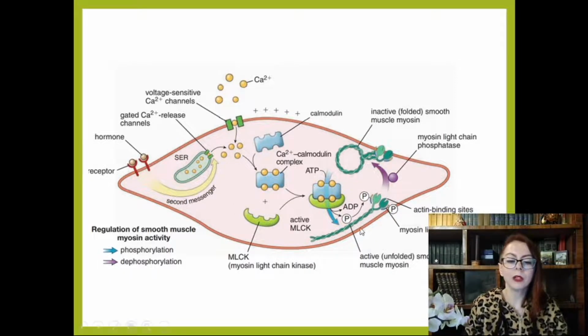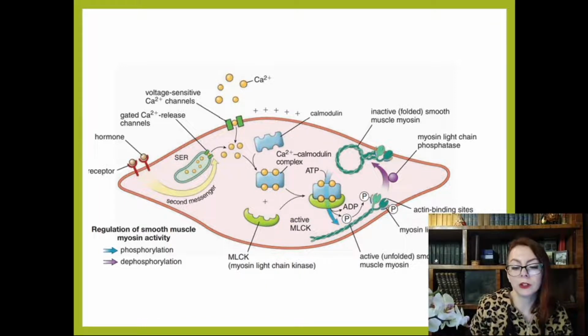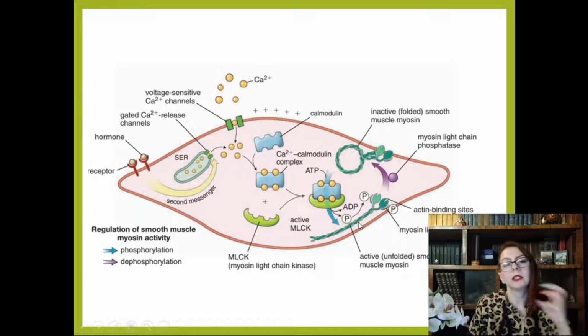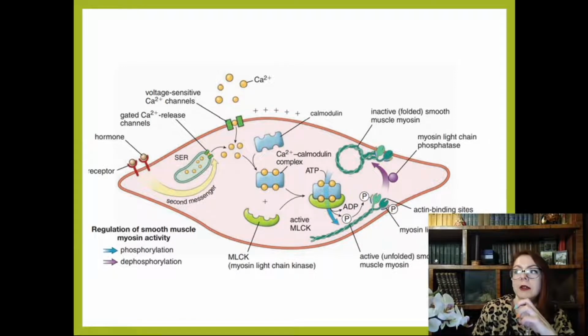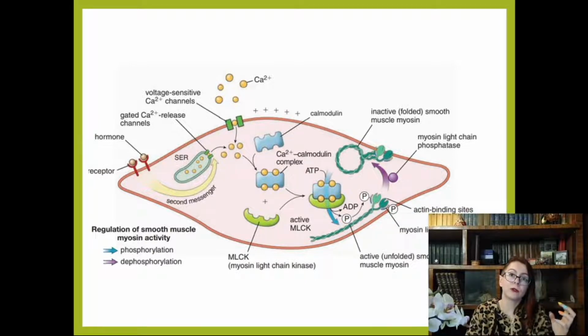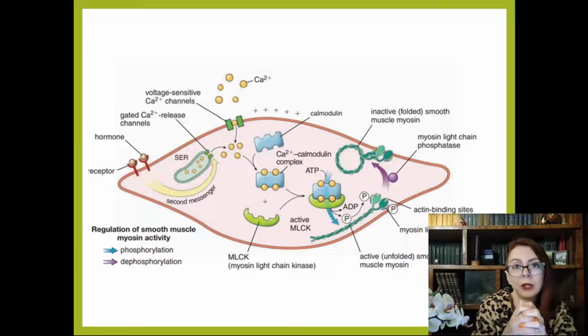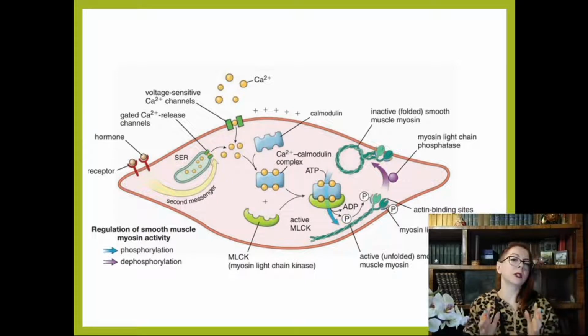Another reason why they contract for a long time is that just after phosphorylation, myosin attaches to the actin, and after this attachment, if it gets dephosphorylated, then it hydrolyzes ATP much less effectively, so it can't detach for a long time. And this fixed contraction is the mechanism which is used by smooth muscle cells in our vessels, and it helps them to maintain the blood pressure.